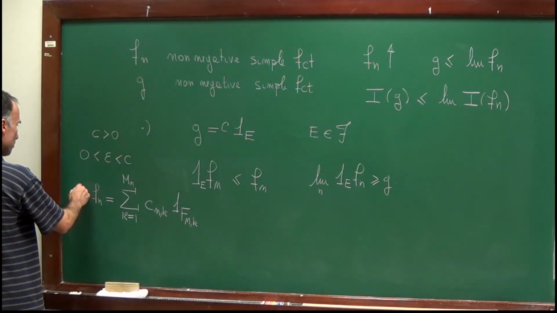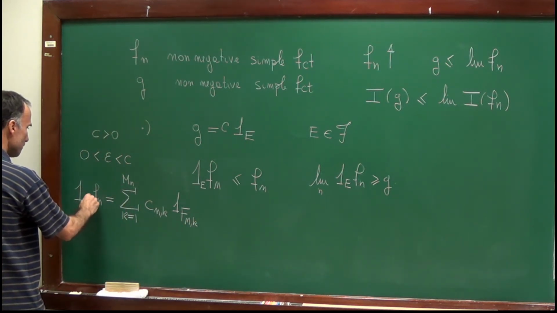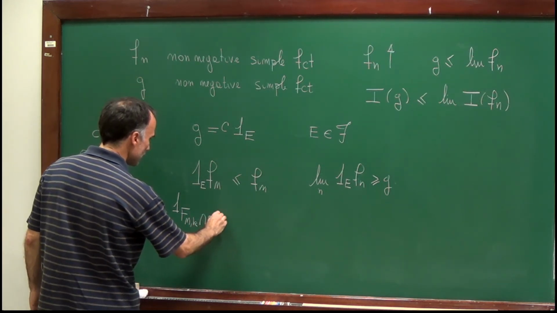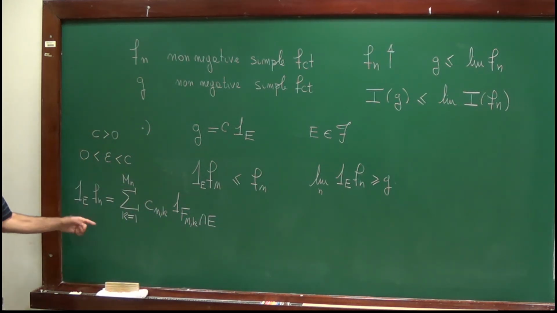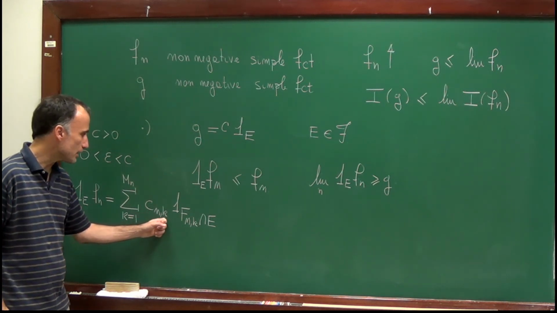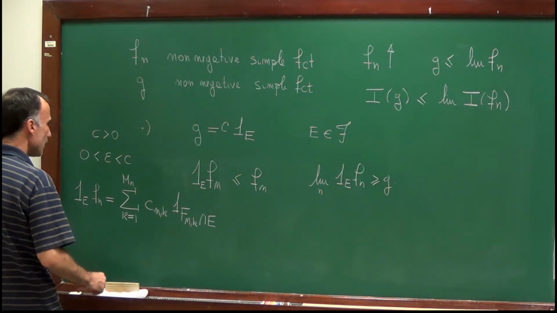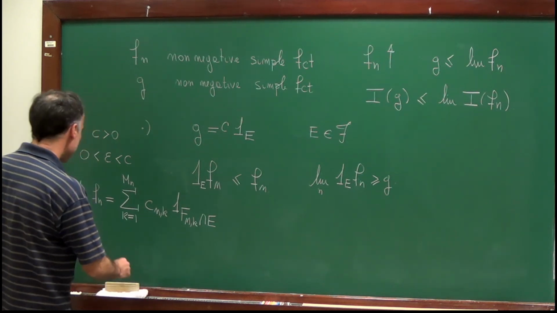And now if I multiply that by the indicator of E, I obtain that this is just a new simple function, which is the sum of c_{n,k} times the indicator of F_{n,k} intersection E. Now let me denote by a_n.